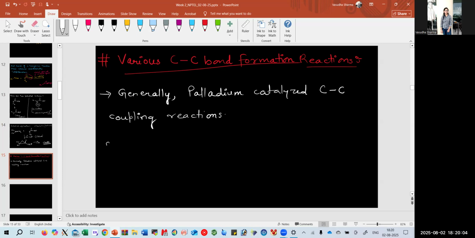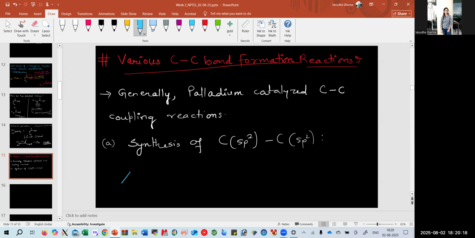So where we are going to see first the synthesis of sp2 carbon bond, meaning that if I want to form a bond between two phenyl groups, this is sp2 carbon, this is sp2.